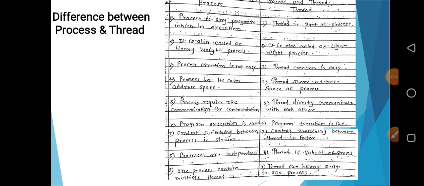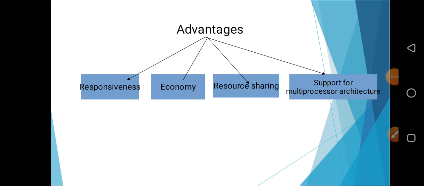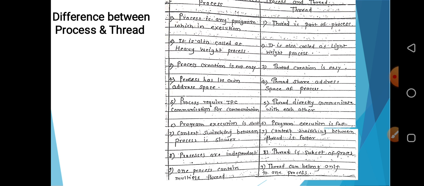Now, we will see the difference between process and thread. Are threads required? Yes. Why? See the difference between process and thread. First, the definition. Process is any program which is in execution, whereas thread is a part of process. Thread creation is very easy, but process creation is not that easy. Process has its own address space.